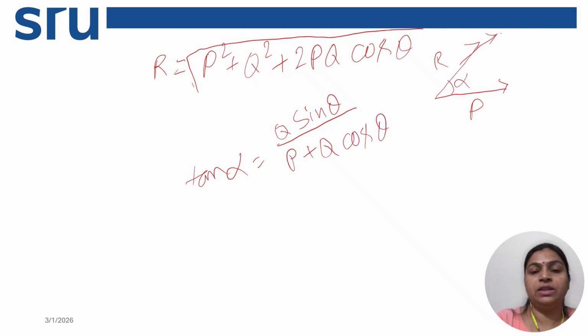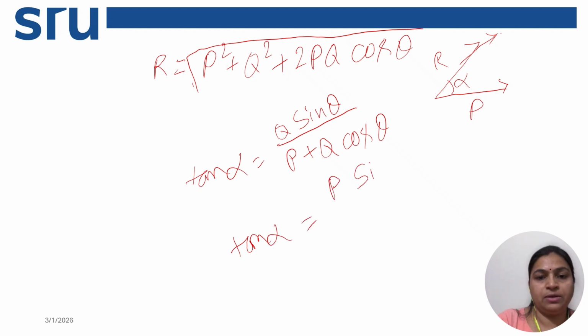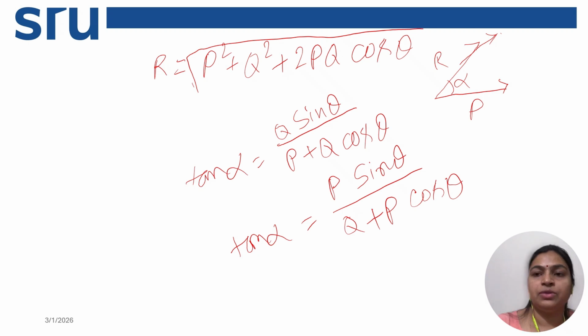If we define this alpha angle between the other vector Q and the resultant, then tan alpha is equal to P sin theta divided by Q plus P cos theta.